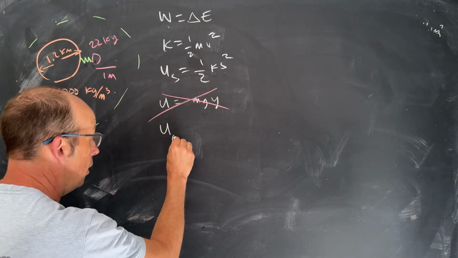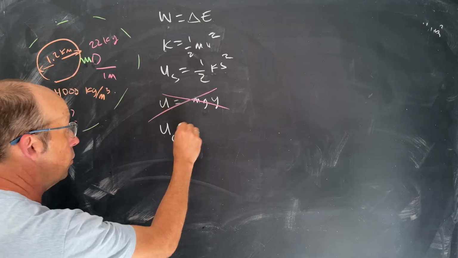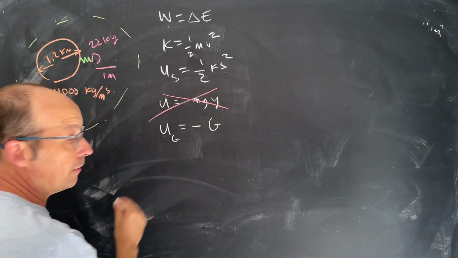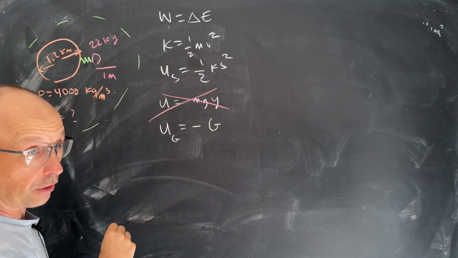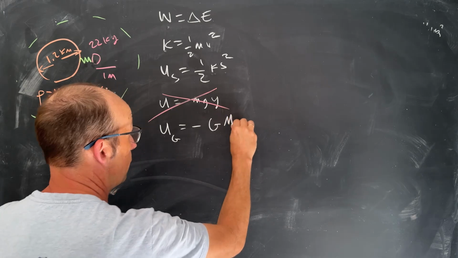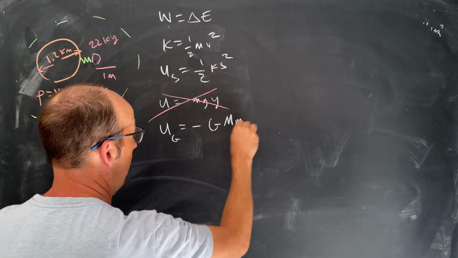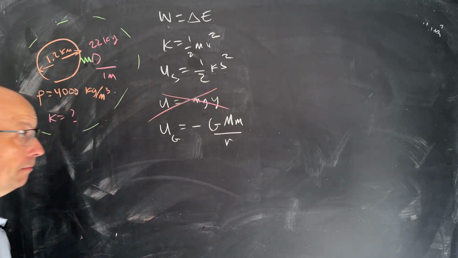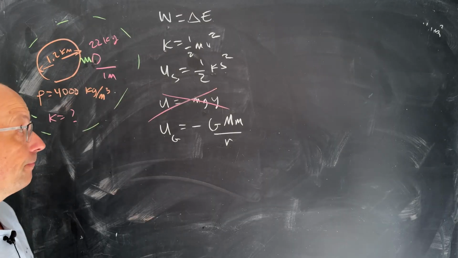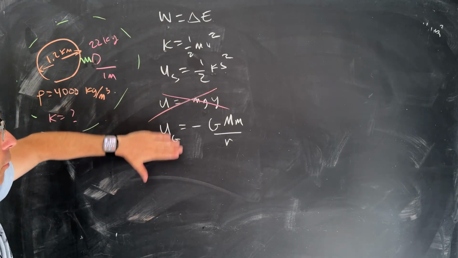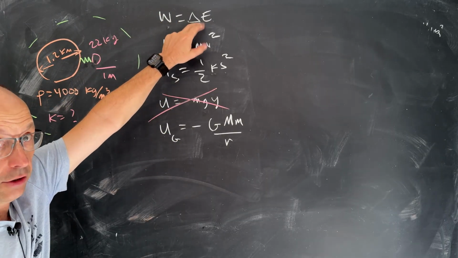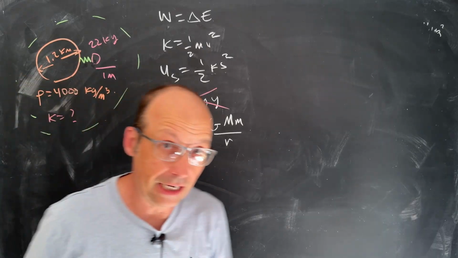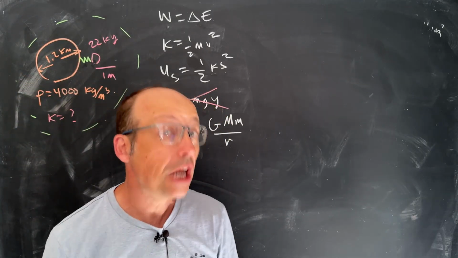I'm going to call this U big G, which is negative the universal gravitational constant G, the mass of the asteroid, the mass of the package, over the distance between them. And there is a negative, and that is important. Now, for all of these, remember, we're dealing with a change in energy. So don't think, oh, the potential is negative. It doesn't really matter. It depends on what the change is.